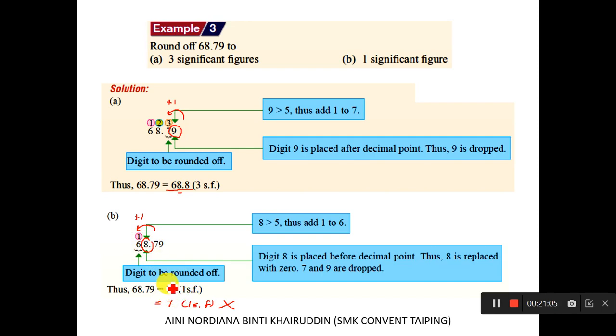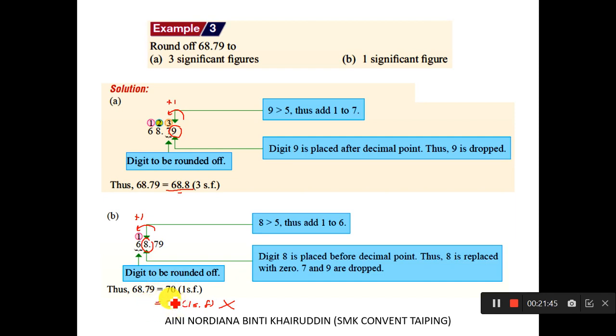For example, we buy something in the shop, we ask the seller about the price. The seller will say the price of the thing that you want to buy is 68 ringgit 79 cent, for example. If you round off to 70, that means you have to pay 70 to the seller.